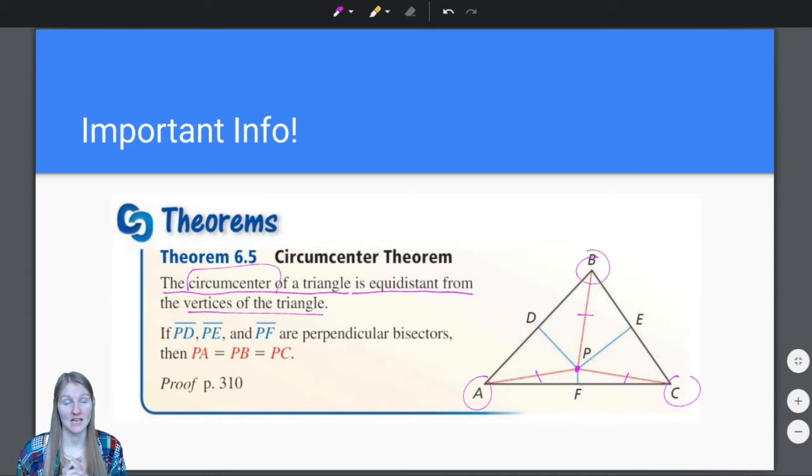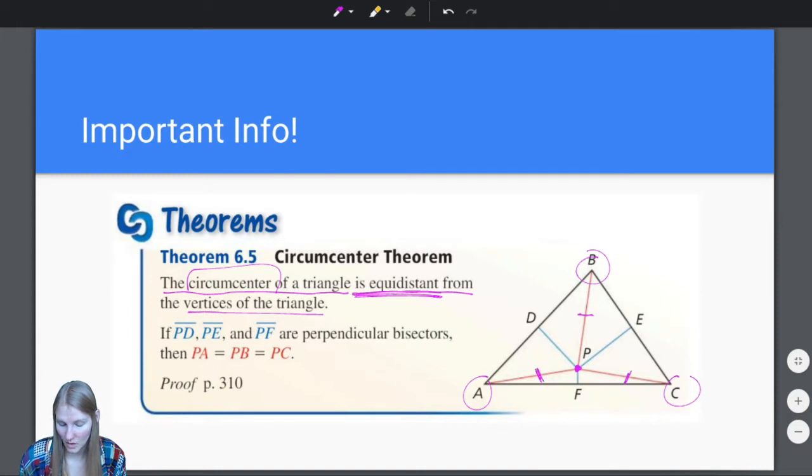And there are many applications of this that we won't get into today for the sake of time, but they do exist. So, the circumcenter of a triangle is equidistant from the vertices. If you make the circumcenter, you can draw these purple lines.